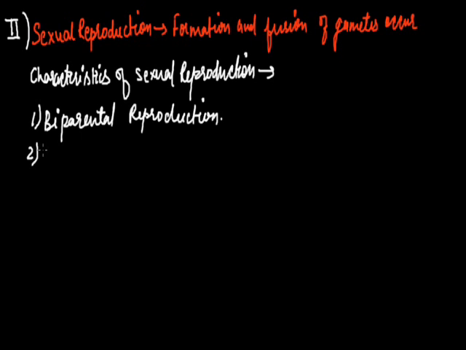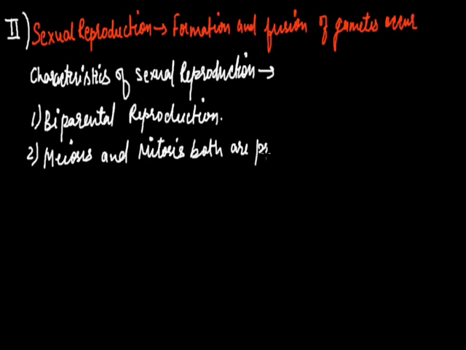Now, in sexual reproduction, meiosis and mitosis are both involved, while in asexual reproduction only mitosis is involved.